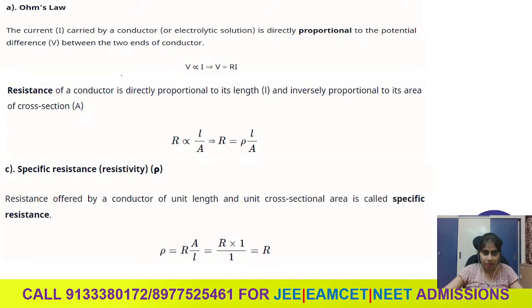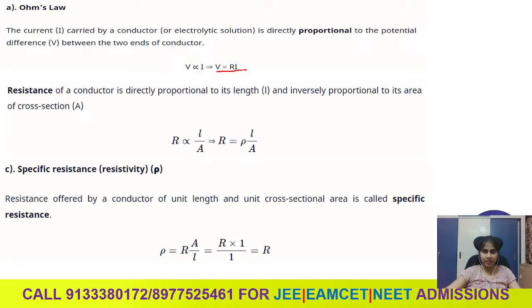Next, to know in depth how conductivity happens in electrolytes, we apply Ohm's law. What is Ohm's law? The current carried by a conductor is directly proportional to the potential difference between the two ends of the conductor.